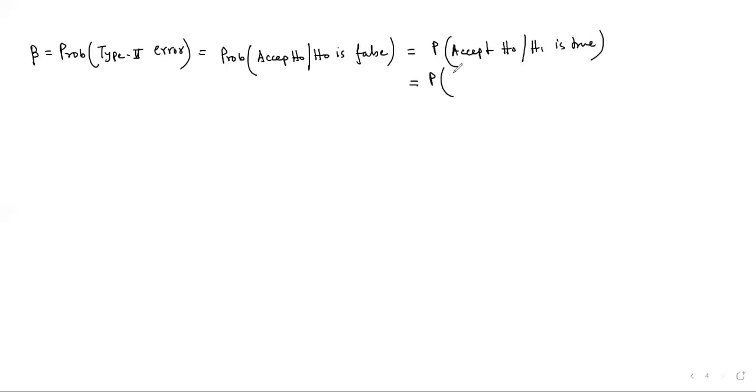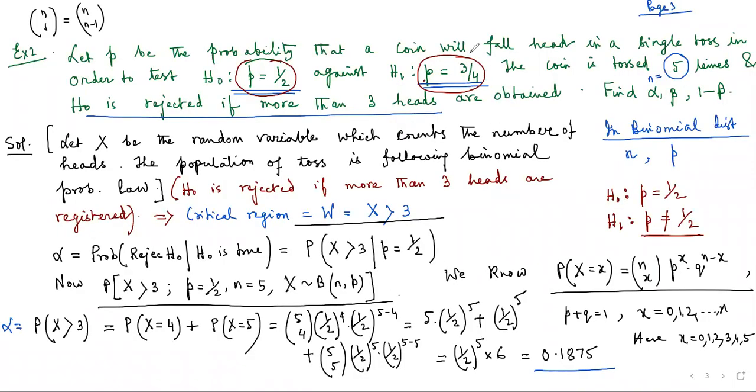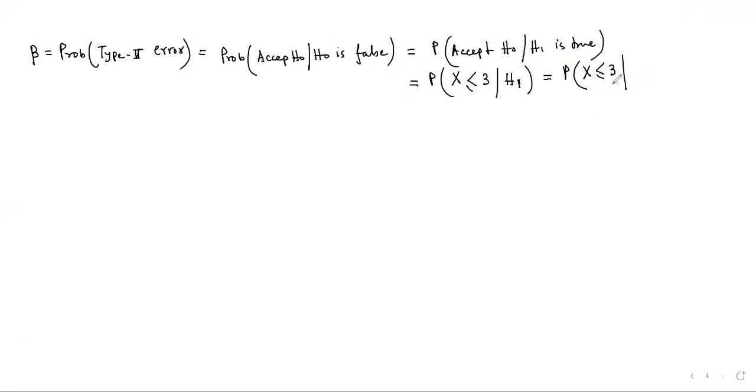We will accept H naught when X is less than or equal to 3, because X greater than 3 is the region of rejection, which implies the probability of X less than or equal to 3. But right now at this moment H1 is true. That means P equal to 3/4. So we are going to put P equal to 3/4 over here.